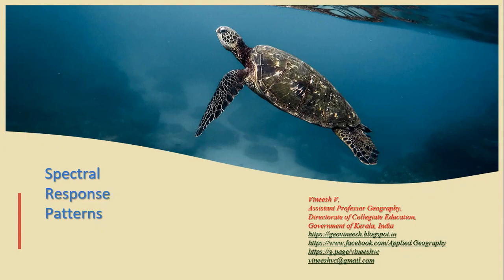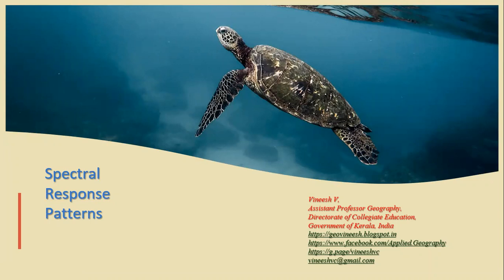We are discussing supervised classification, the different algorithms in supervised classification: minimum distance, Gaussian, and parallelepiped classification. Then we discussed a spectral signature or a training sample. So this is a detailed video about spectral response pattern.